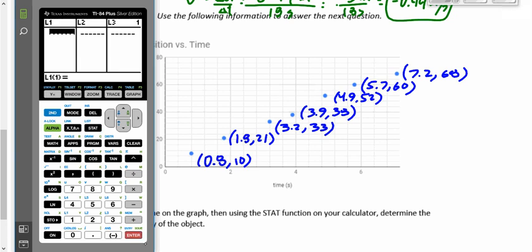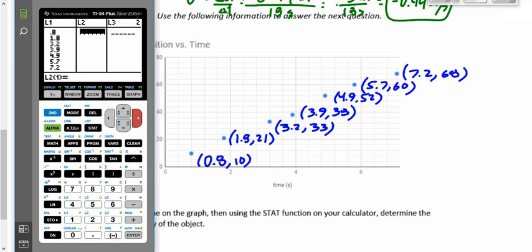Let's enter my x coordinates: 0.8, 1.8, 3.2, 3.9, 4.9, 5.7, and 7.2, or at least pretty much those numbers anyways. If you're off by a tiny little bit, it's okay.